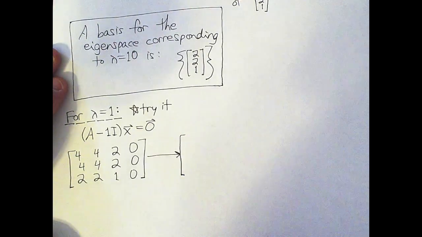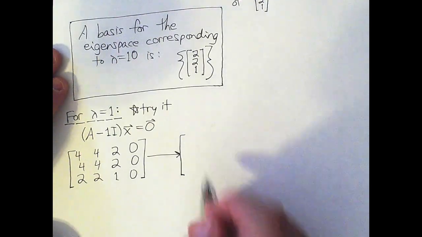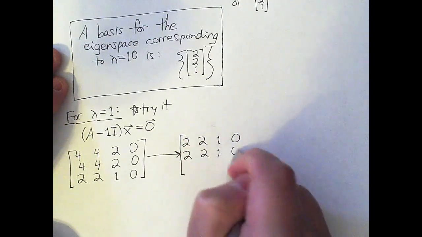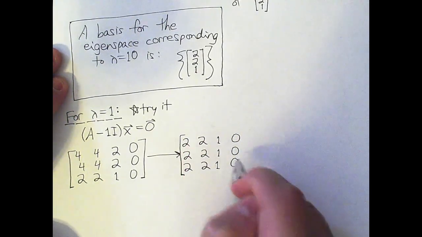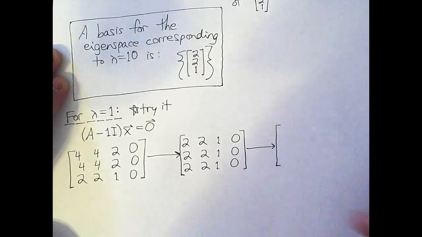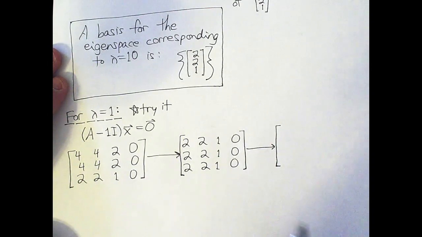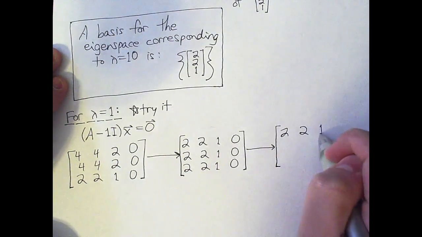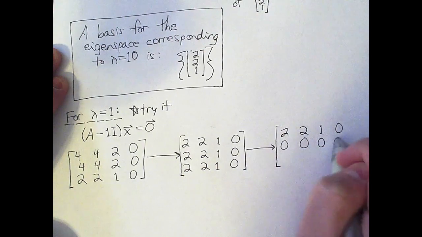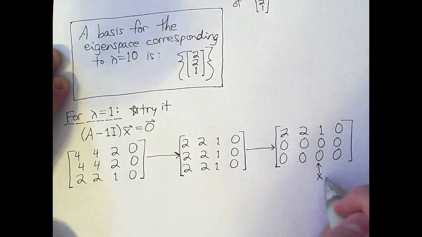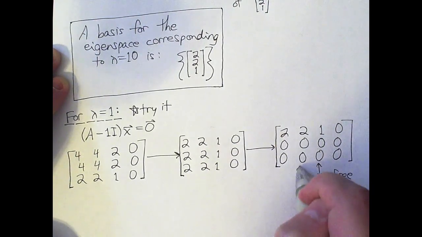First I multiplied row 1 and row 2 by 1/2. Look at this. Have we seen a matrix like this before where all 3 rows are the same? Then I added multiples of row 1 to row 2 and 3. So I got 2, 2, 1, 0, and then the rest are all zeros. So that means that x3 is free and x2 is free.